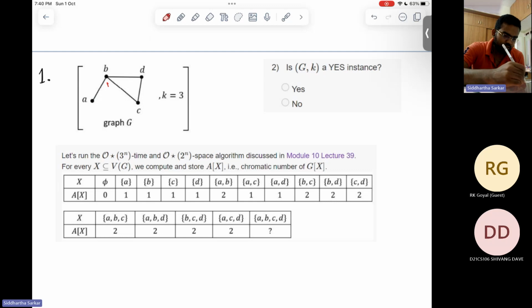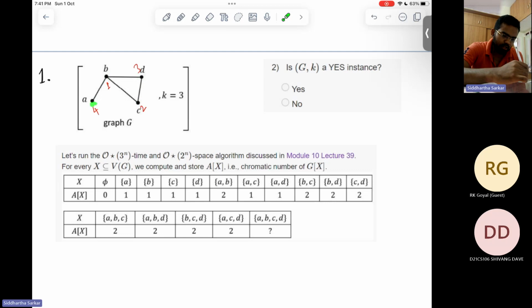So you're saying that three colors will not be sufficient. That's what you're saying. Or can you do with three colors only? Is it possible? So these are the colors. This is color one. This is color two. This is color three.